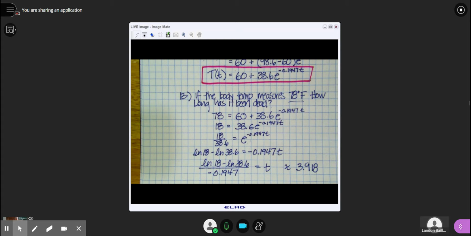No, I don't think this is days. Is our time always in hours? Hold on, let me double check. I just want to make sure our time is in hours here. The time t modeled by.